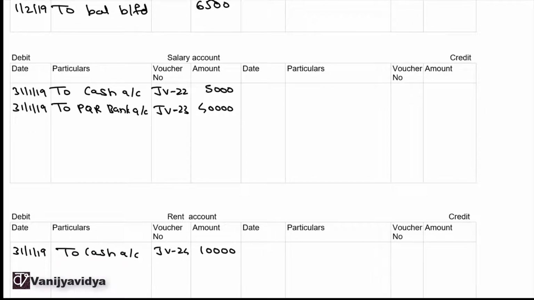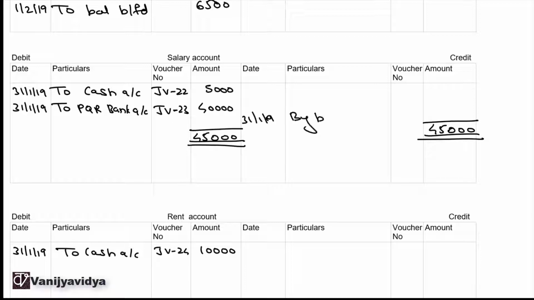Next ledger account. Salary account. Total of debit side is 45,000, total of credit side is 0. So 45,000 on both the sides. Then on the credit side, 31st Jan 2019, by balance carry forward 45,000. On 1st Feb 2019, on the debit side, to balance brought forward 45,000.